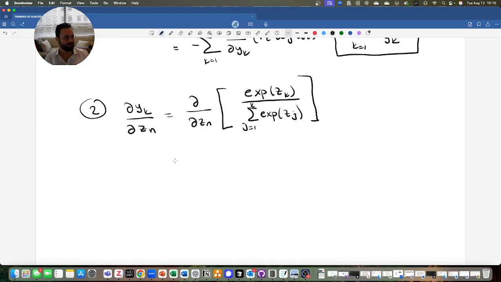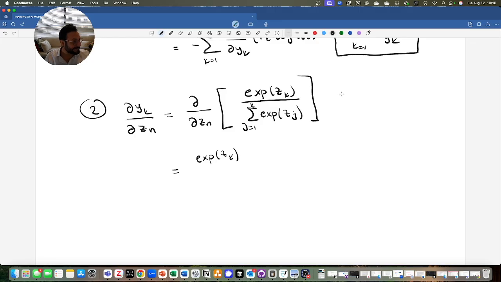All right, so we're talking about a derivative of a division. So the derivative of the division, we're going to take the derivative of the first part with respect to the derivand. The derivative of exponential zk with respect to z of n, well, it can be 0 or it can be exponential of z of k if n equals k and 0 otherwise.